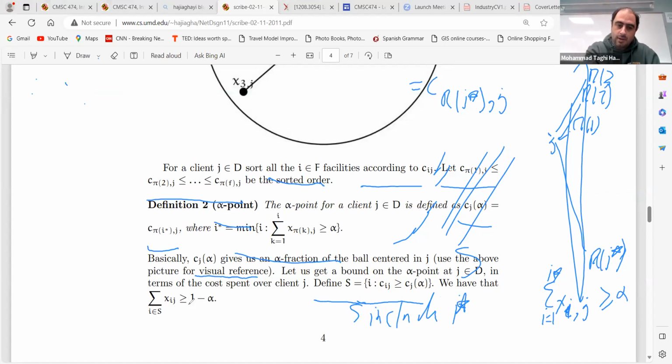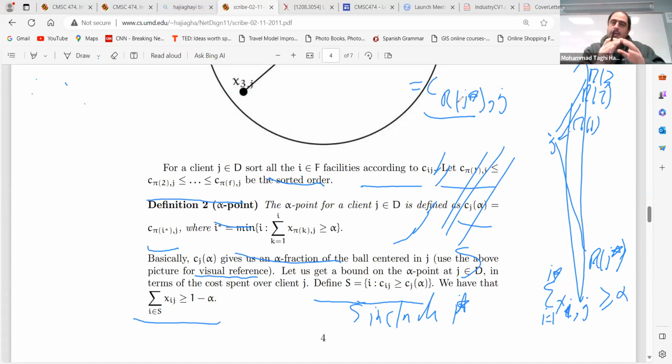This is important, otherwise we wouldn't have 1 minus alpha. Because it includes i star, we have the sum of the xij's greater than 1 minus alpha. So essentially, this is some kind of radius that we are defining according to the alpha. The alpha fraction inside this ball is served, and the rest, 1 minus alpha. So that's essentially the idea.